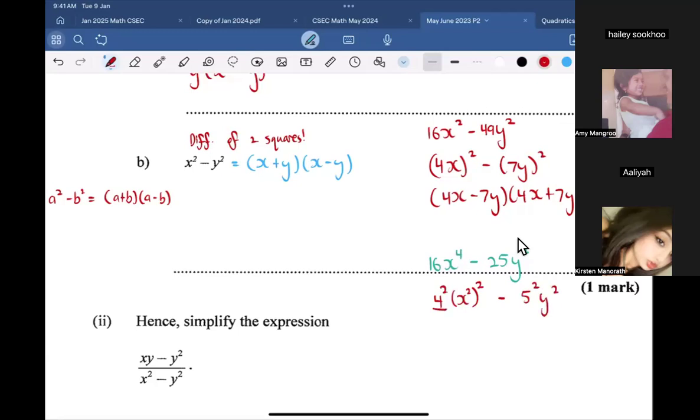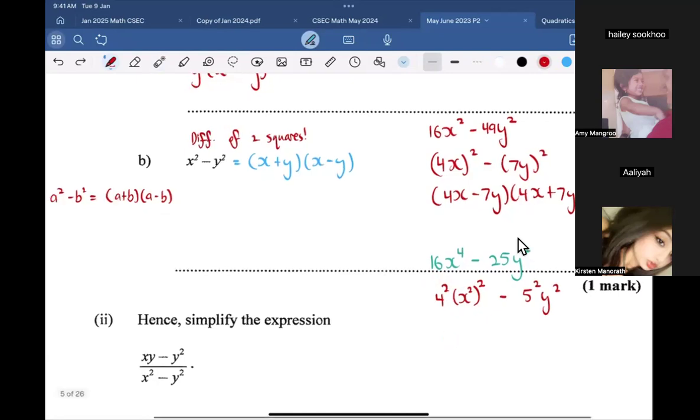So am I raising 4 to the power 2 and x squared to the power 2? So am I squaring both terms? Yeah, because you have to square 4 and you have to square x.